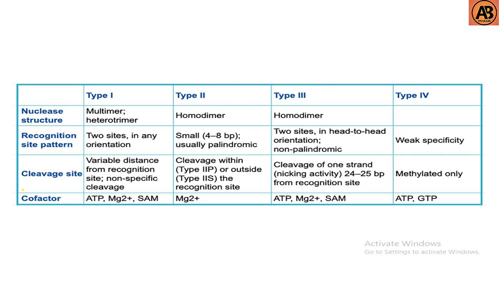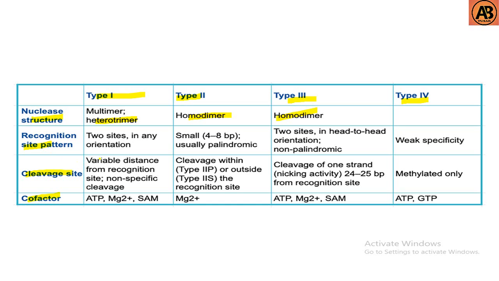Then here we can see the comparison among type 1, type 2, type 3, and type 4. Here you can see the factors such as structure, recognition site or pattern, cleavage site, and cofactor. Type 1 structure is heterotrimer, type 2 homodimer, type 3 homodimer.